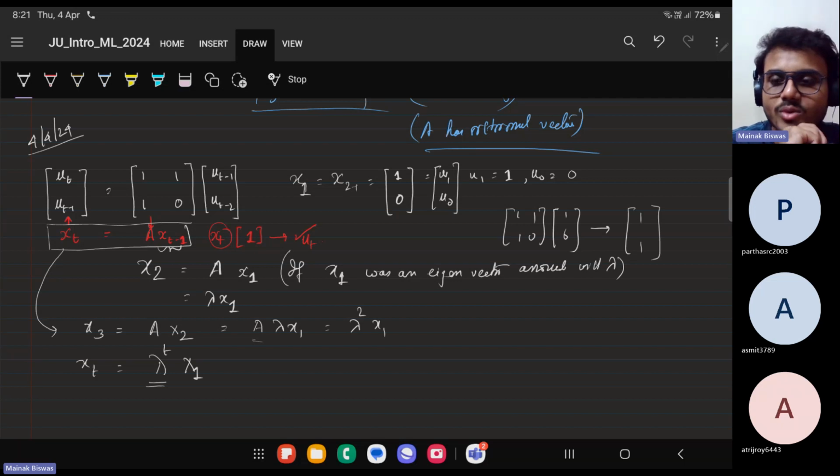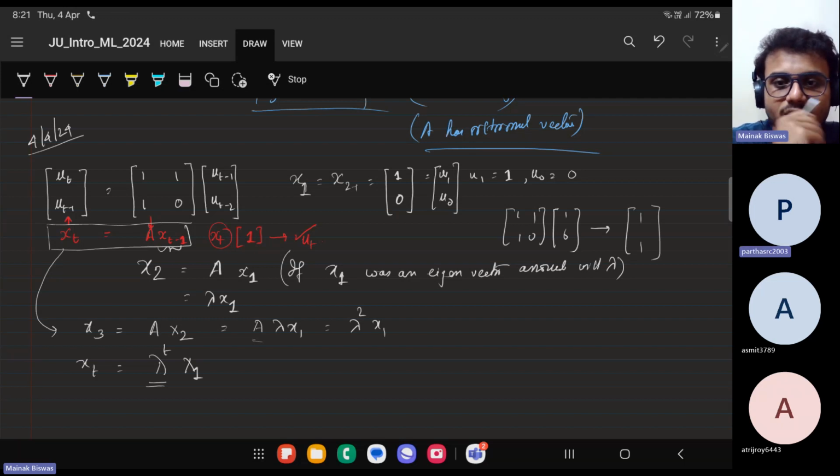So now what can I do? Can you give me an idea? You should be able to give me this idea just now. One vector can always be written in terms of basis vectors. The problem is there isn't any basis vector yet here.